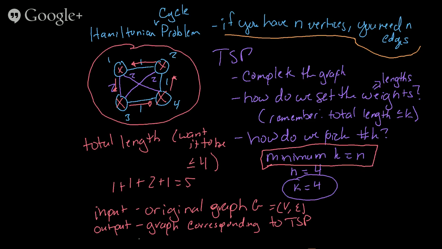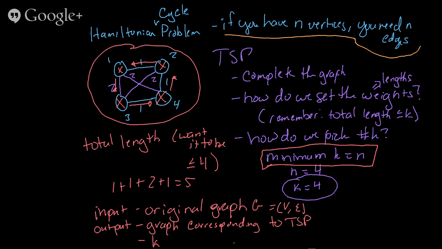So you're going to output that graph and you're going to output your K. What you have done with this input and output is turn this into a traveling salesman problem, where you could put this into some machine that solves a traveling salesman problem. The machine would take in a completed graph, which is this one right here, and it would take in a K, and it would say, yes, there is a cycle that has total length less than or equal to K, or no, there's not.